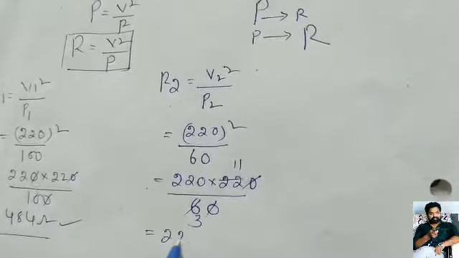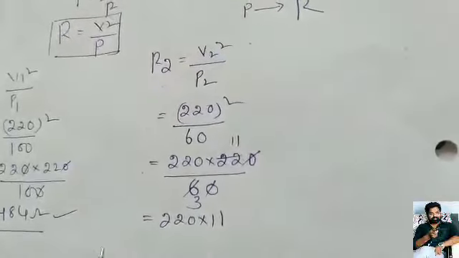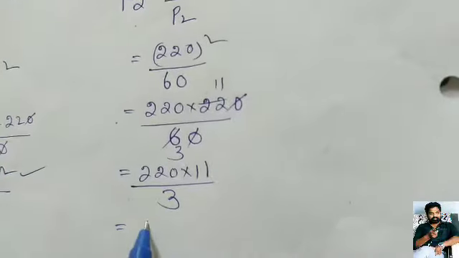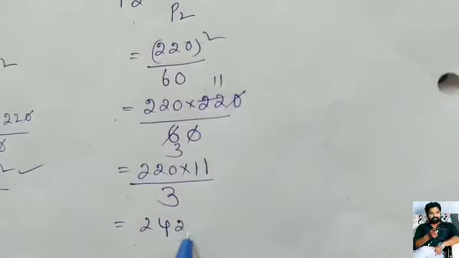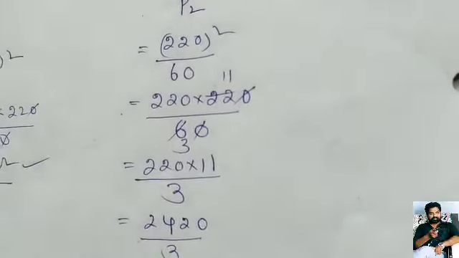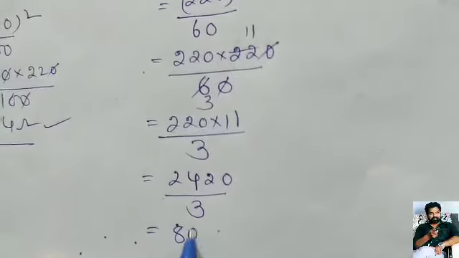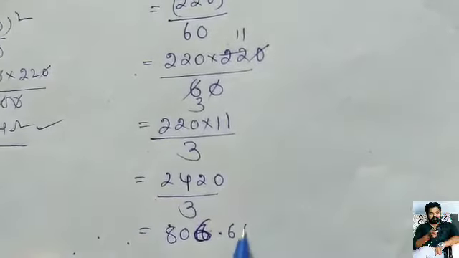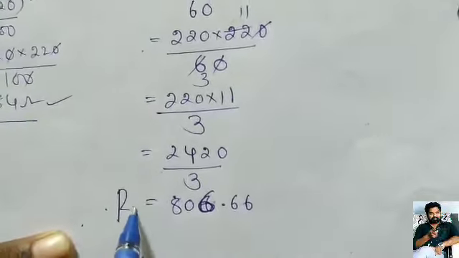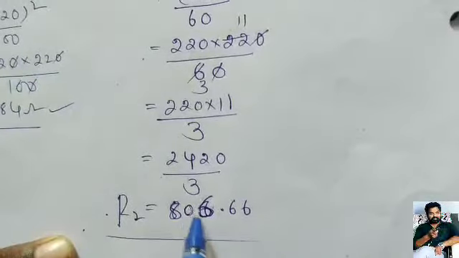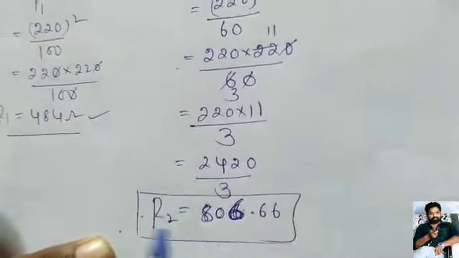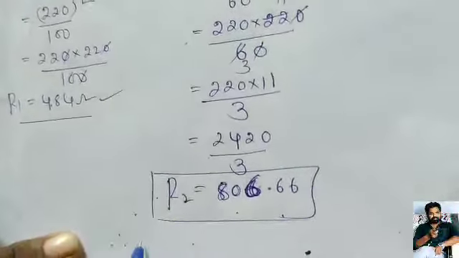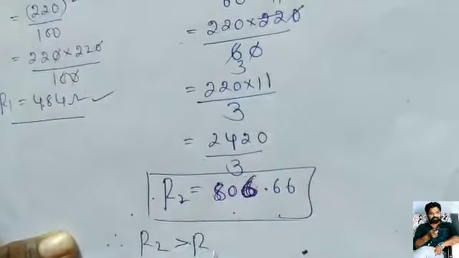Now 220 into 11 by 3. So 220 into 11, that is 2420 by 3. Then we get 806.66. So resistance R2 is 806.66. So out of R1 and R2, R2 has a greater resistance, so R2 is greater than R1.